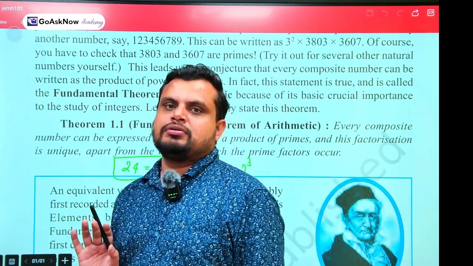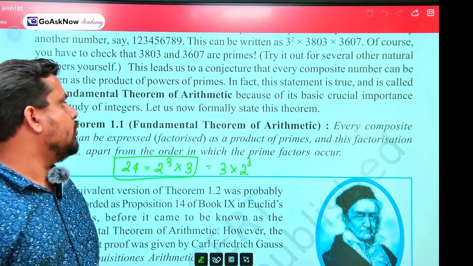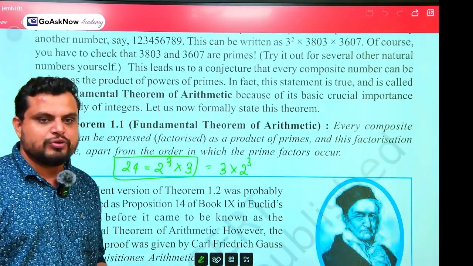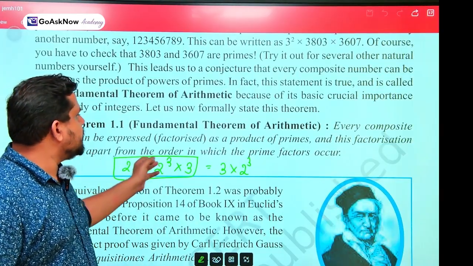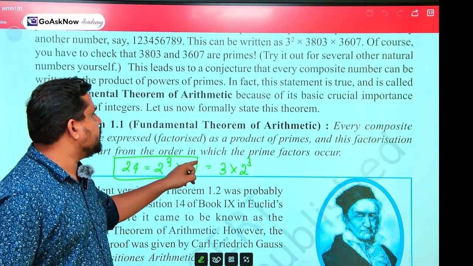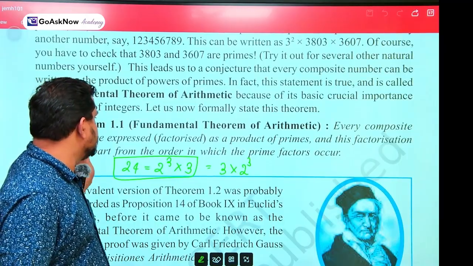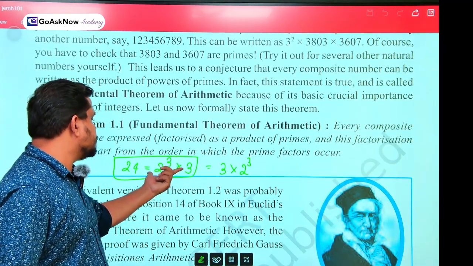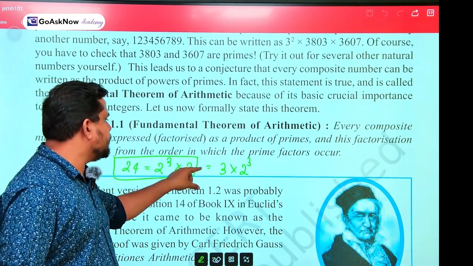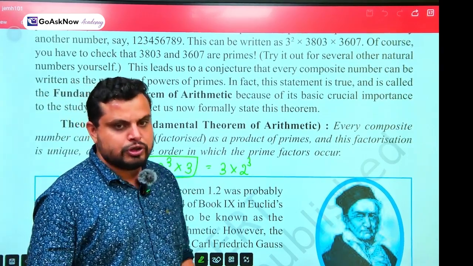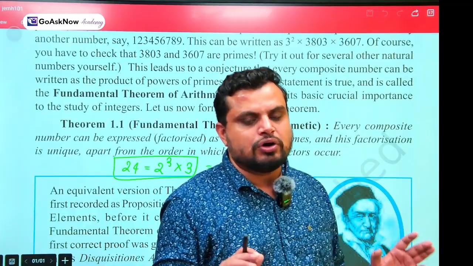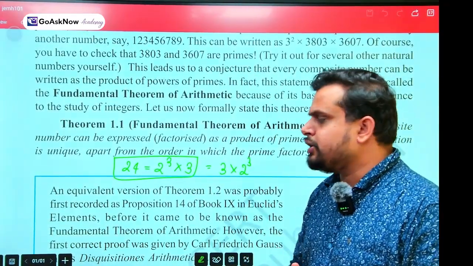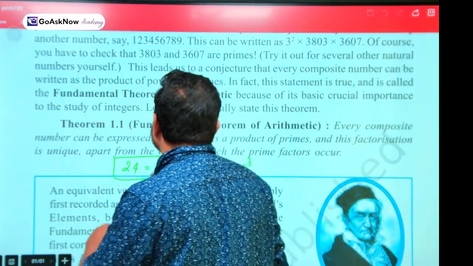This is what the fundamental theorem of arithmetic says: every composite number can be expressed as a product of primes, and this prime factorization is unique apart from the order. This can be written as 2 cube into 3 or 3 into 2 cube. No other factorization of this number is possible. I think this is very clear.